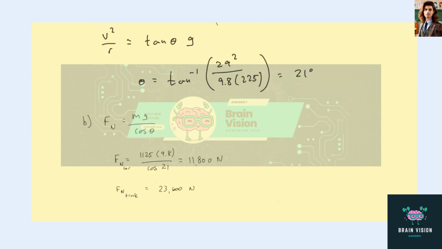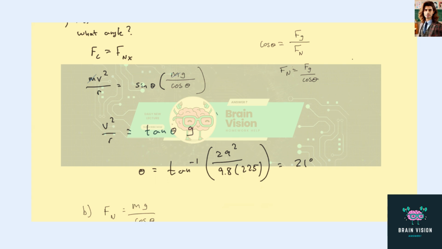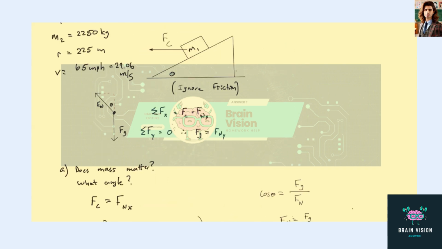Now, part B. Now we're going back to our original equation for what we determined the normal force was, and I did that up here. The cosine of the angle, which we now know, is equal to the proportion of the weight divided by the normal force. And this is different than what we would have done back in inclined plane, where the normal force equaled F_G perpendicular.